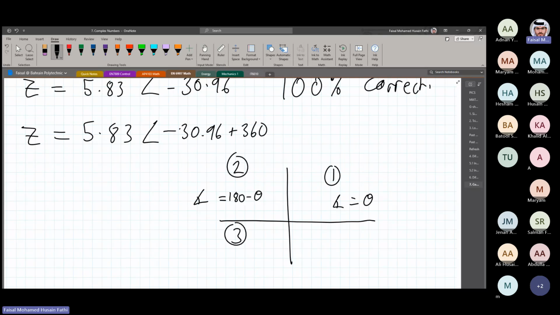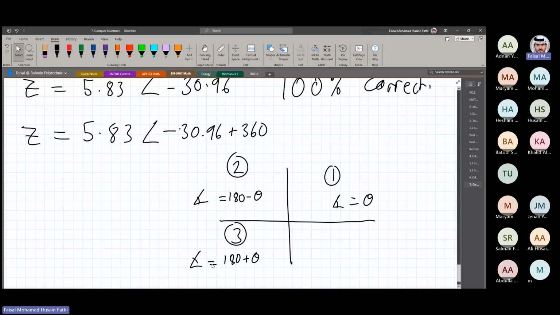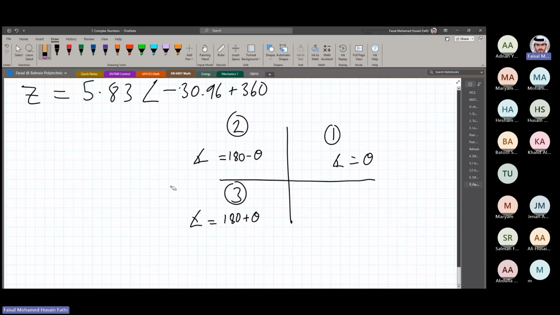In the third quadrant, it's always going to be 180 plus theta. Be careful with this. Be very careful with this. I'll tell you why in a bit. Let me just finish the rules. And then in the last one, angle is 360 plus theta.